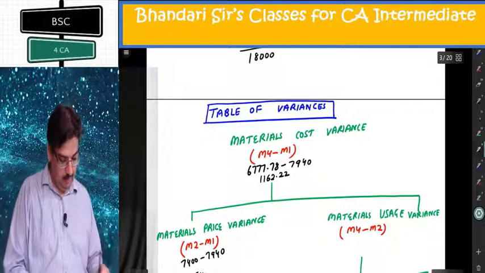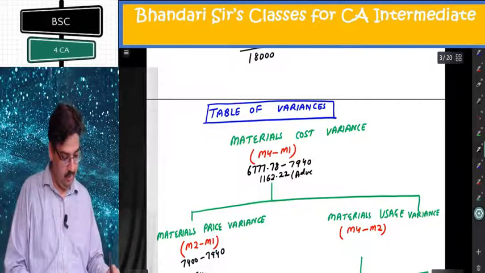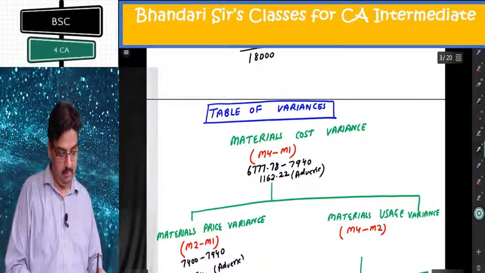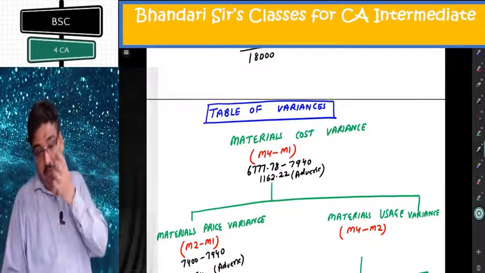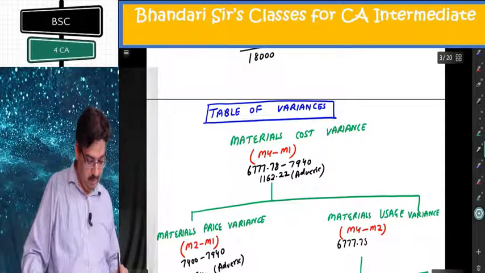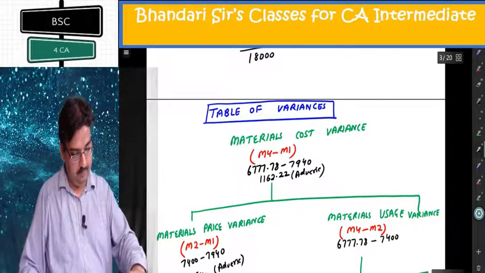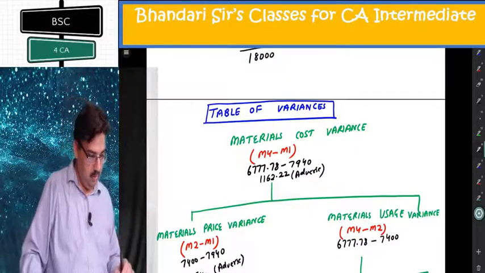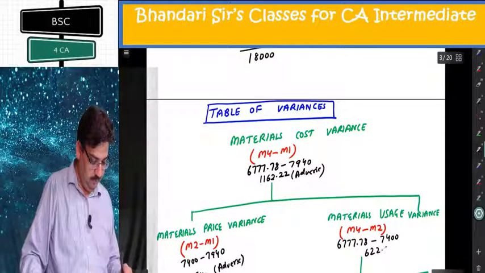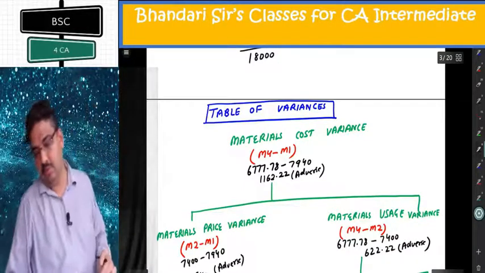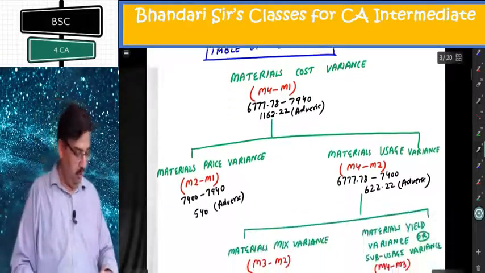This is 540, and this was adverse. M4: 6777.78 minus 7400 is 622.22 adverse.